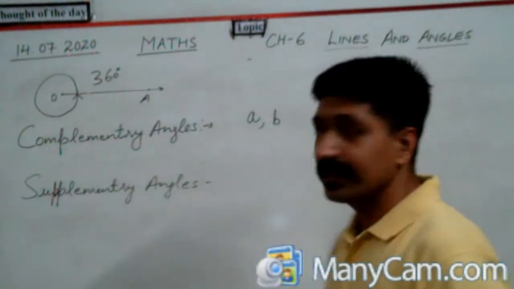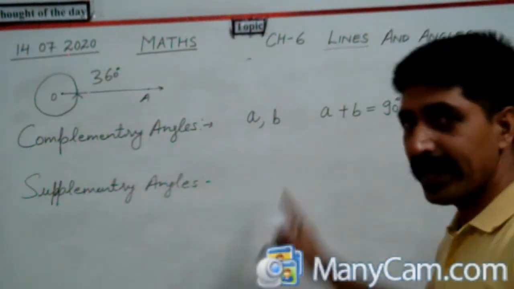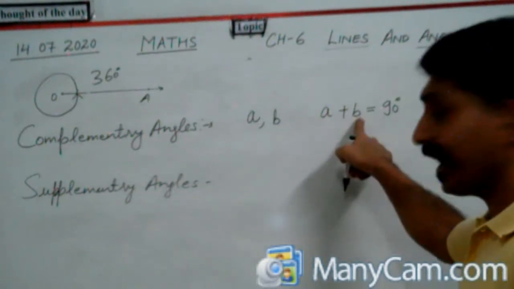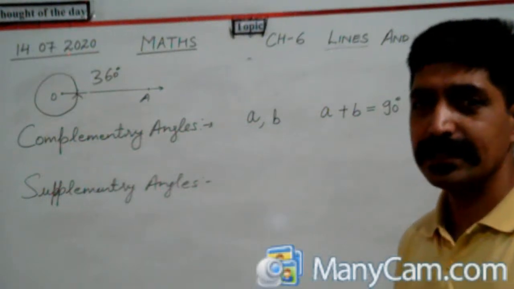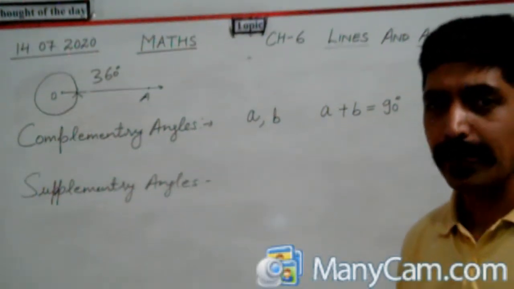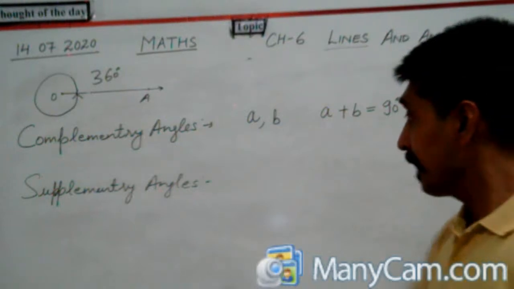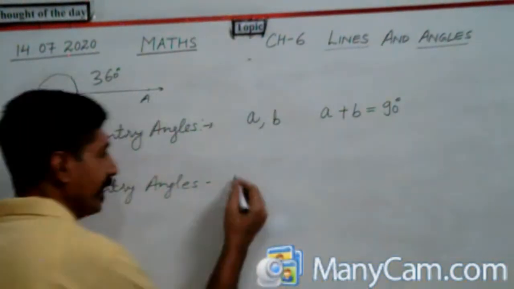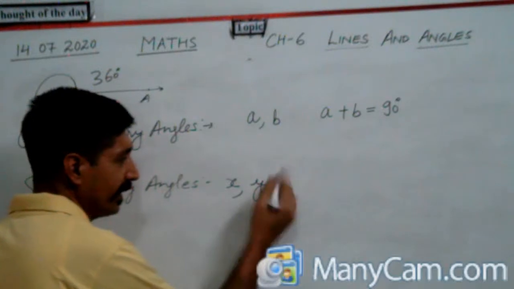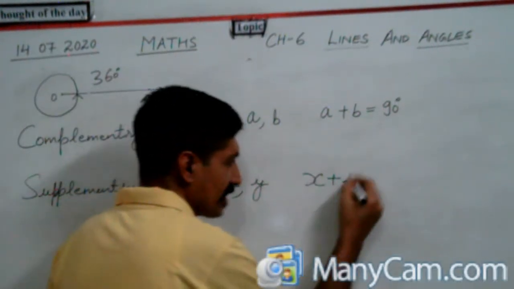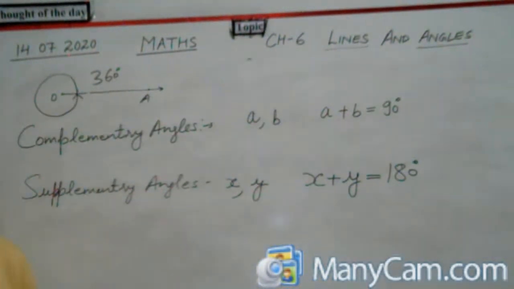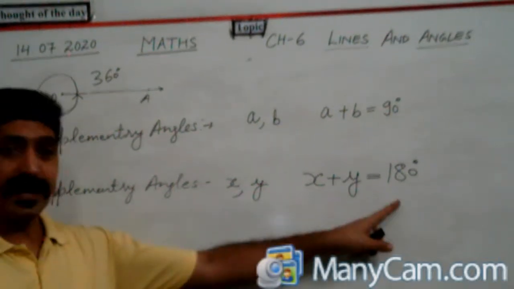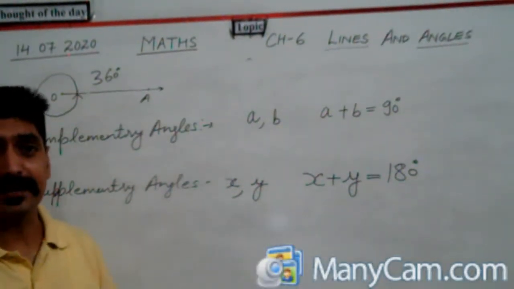Why are they complementary? Their sum is 90 degree. So we are talking about pairs of angles. Supplementary angles: let one angle be X and another be Y, where the sum of these two angles is 180 degree, right? This pair of angles is called supplementary angles.